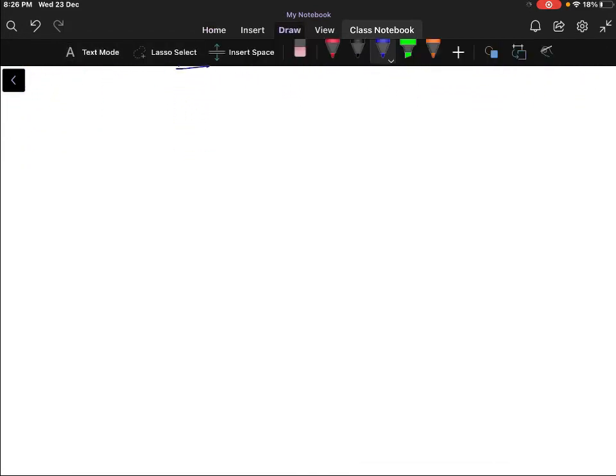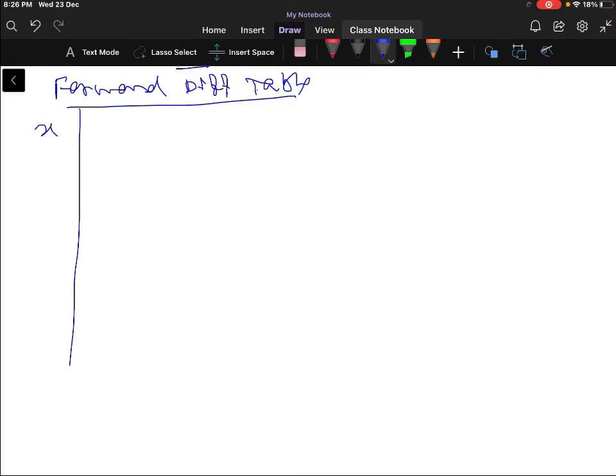In the table, the forward difference table, in the first column, let us consider the x values.